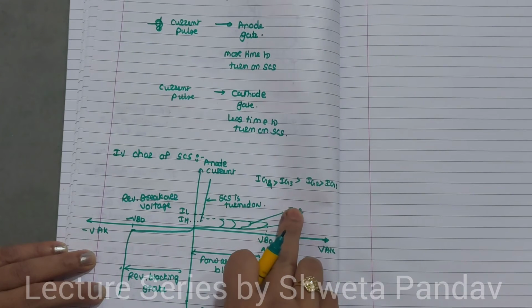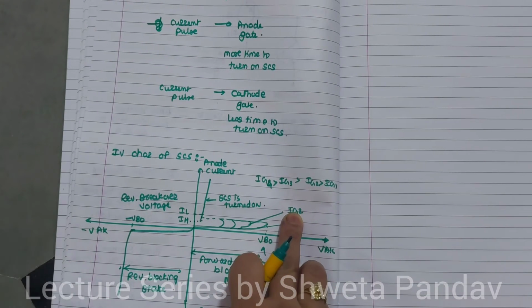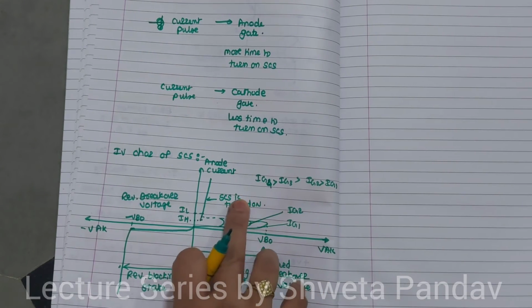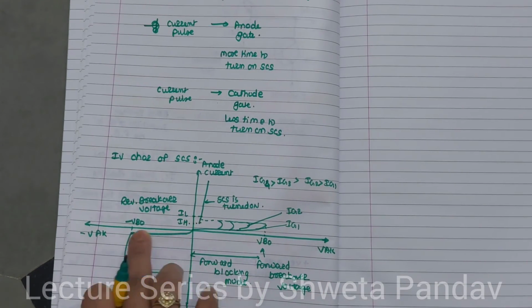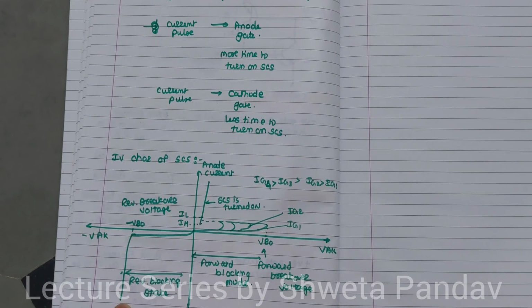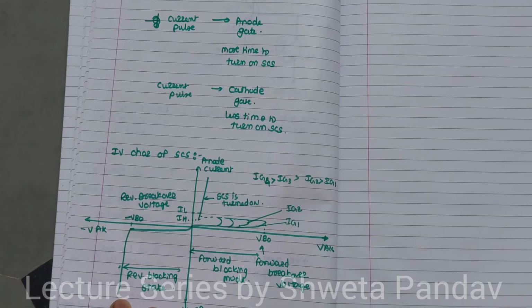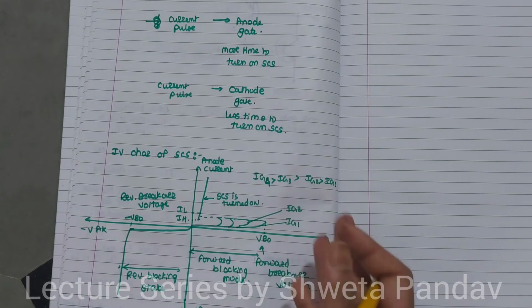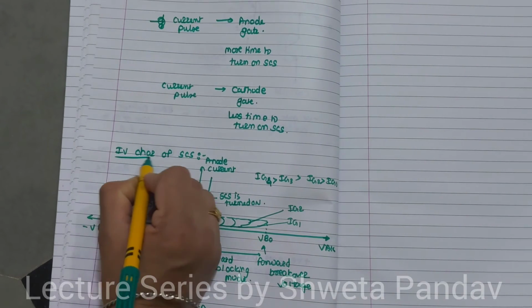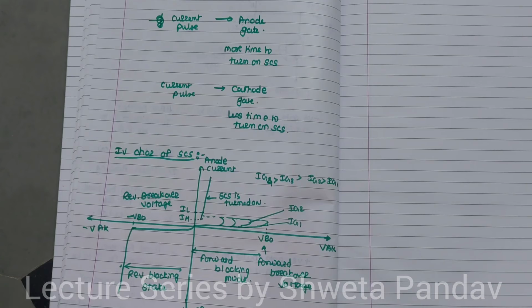Means as I apply the current pulse to the cathode gate, the SCS is turned on, and as I apply the positive current at the anode gate, the SCS will be turned off. So with the help of two gates, we can turn on the SCS as well as turn it off. So this is the IV characteristic of the SCS.